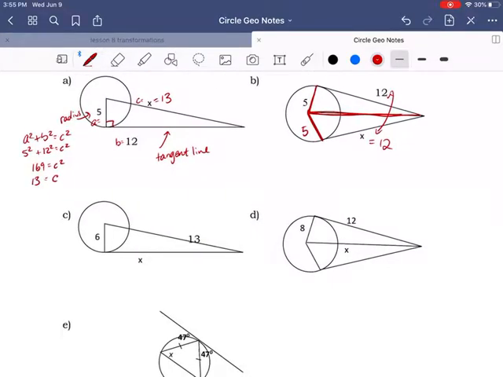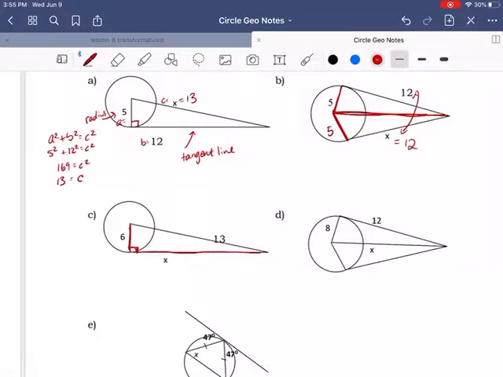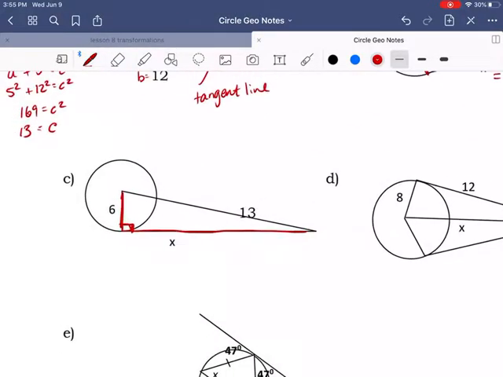Here's another example. We have this radius, all right, and we have this tangent line. So that's meeting at 90 degrees, just like in the first example. The difference here is we're actually looking for the length of this tangent, okay? So we have the longest side, we know C, we know A, and we're looking for B. In this case, we need to subtract to find that side.